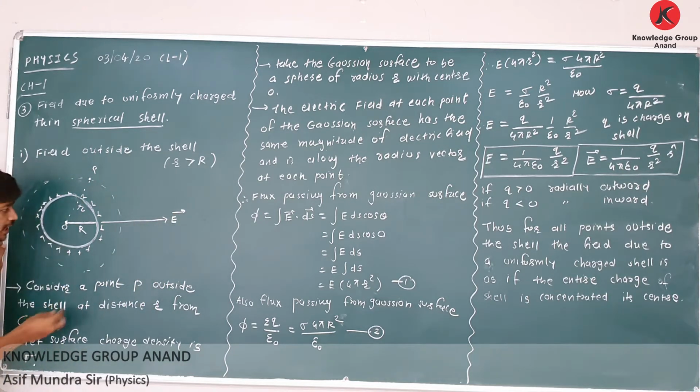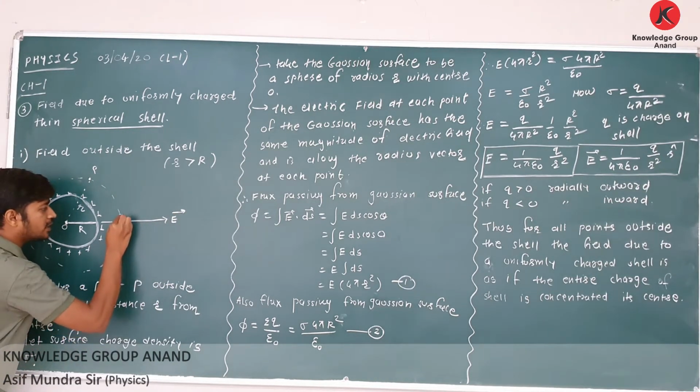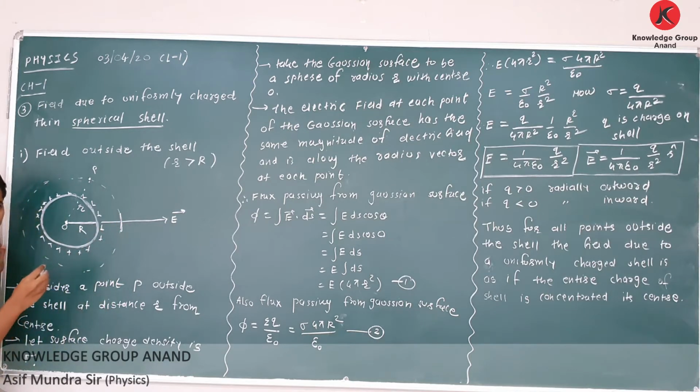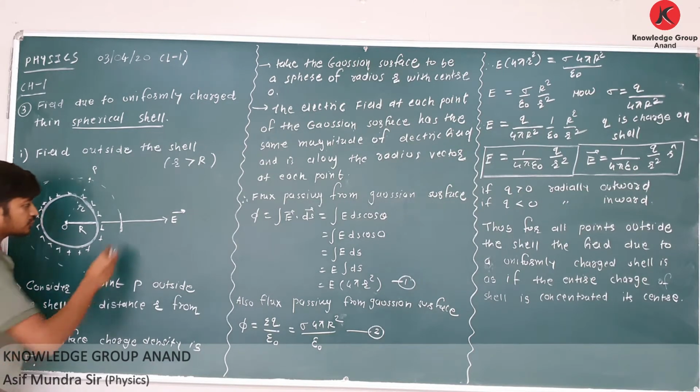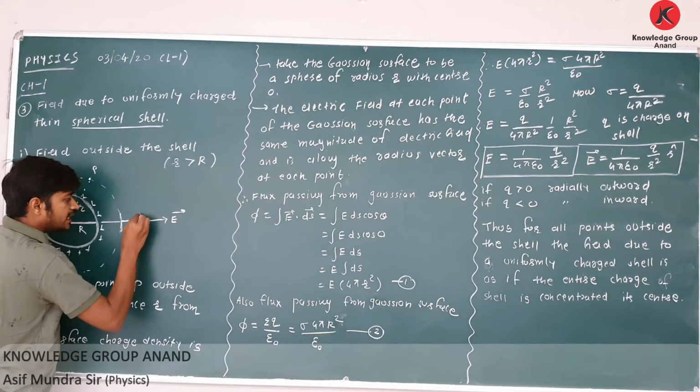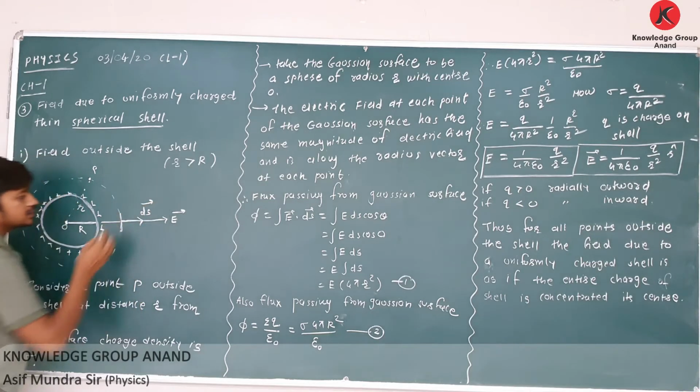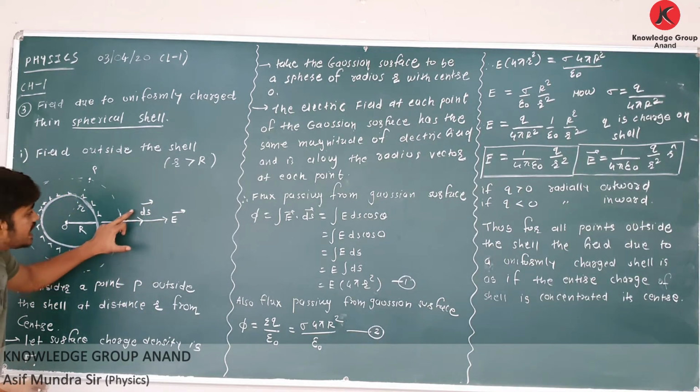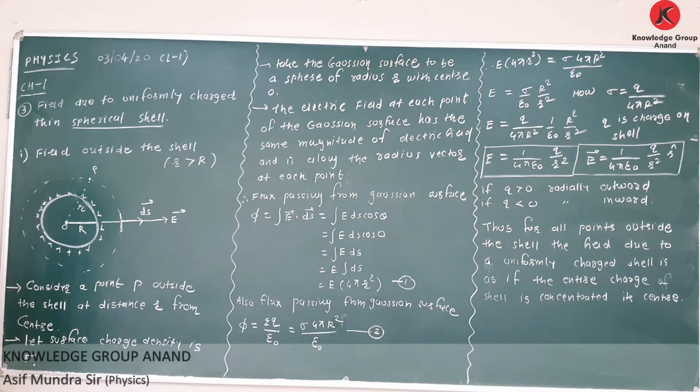Clear? Let's take one element on the Gaussian surface. We know that the area vector is always normally outward. So E and ds are parallel to each other.